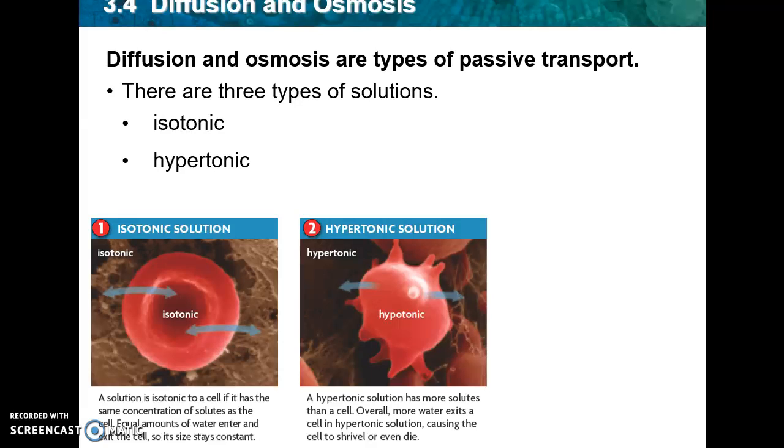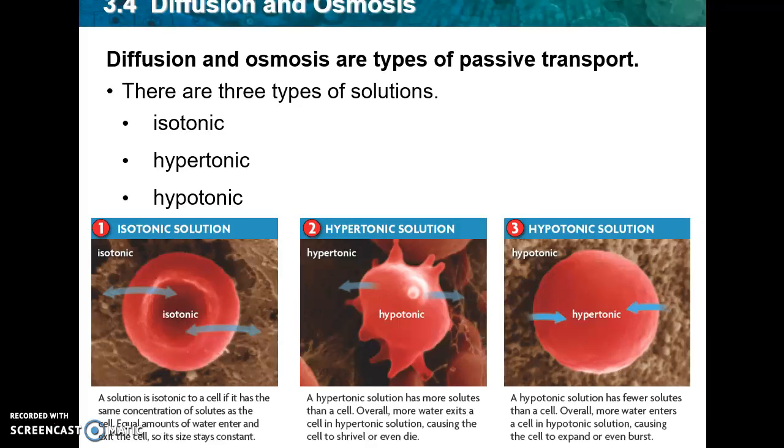So water is going to leave the cell and go out into the solution. In the case of our naked egg experiment, this would be the eggs that were inside of the Karo syrup.